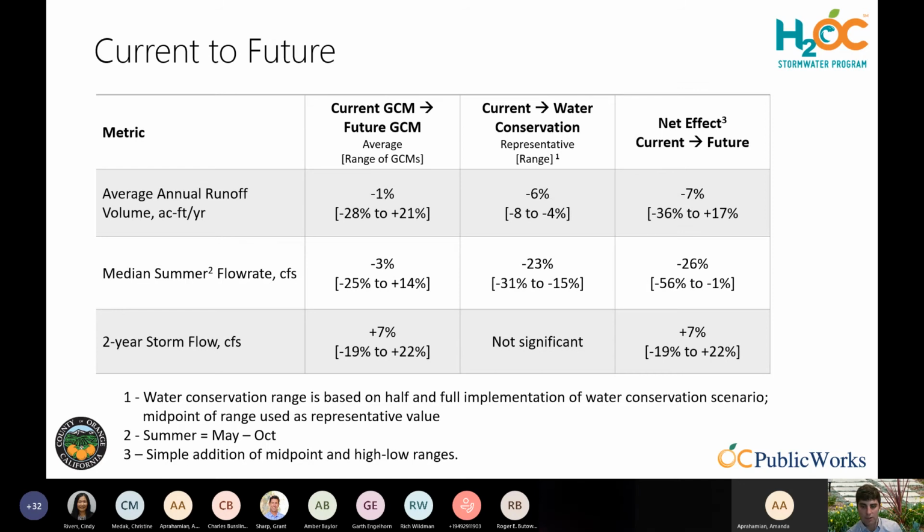There's potentially a net zero here, but in a more realistic case, likely resulting in some reduction in stream flow, with a central tendency of about a 25% reduction. When it comes to 2-year storm flow, we don't expect the water conservation to influence this significantly, but we do expect the GCMs for climate span zero with potential for a minor increase in 2-year storm flow.